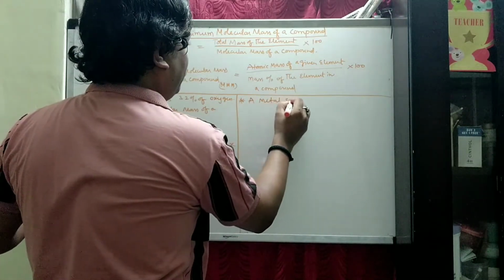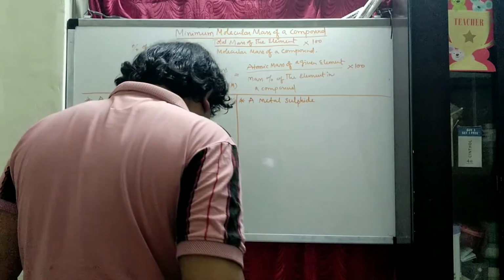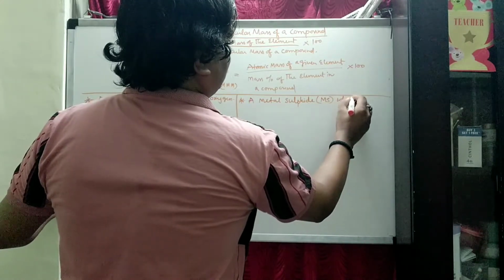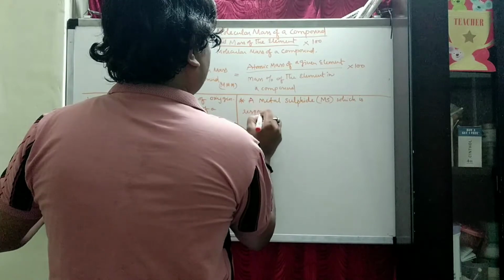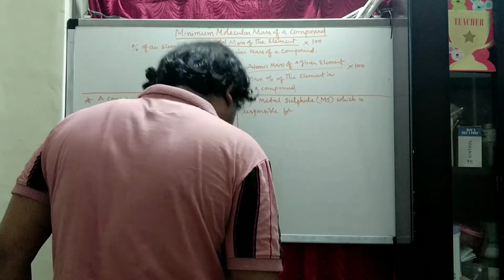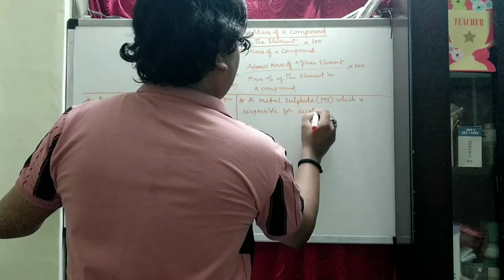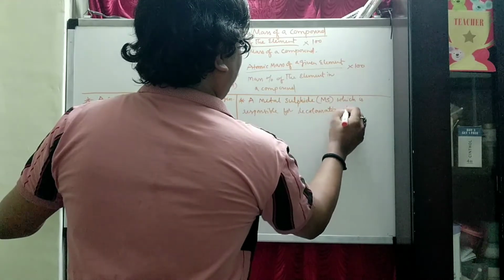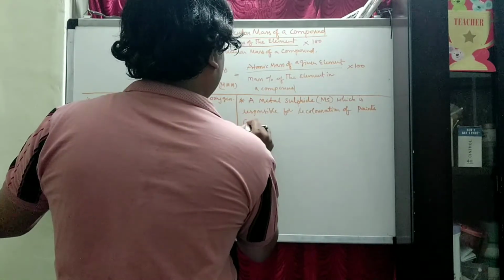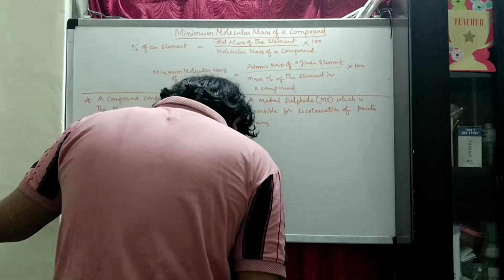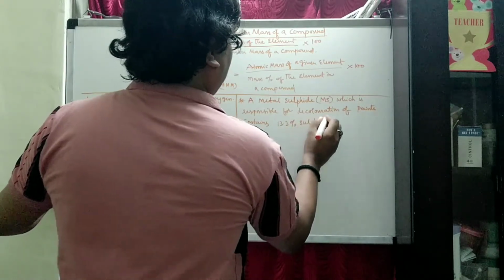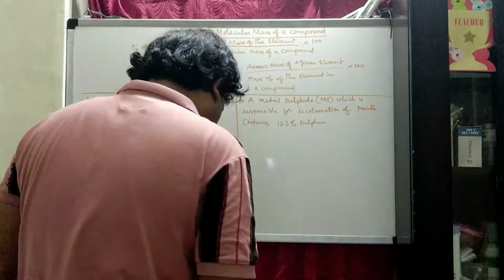A metal sulfide, MS, which is responsible for decoloration of paints, contains 13.3% sulfur by mass.